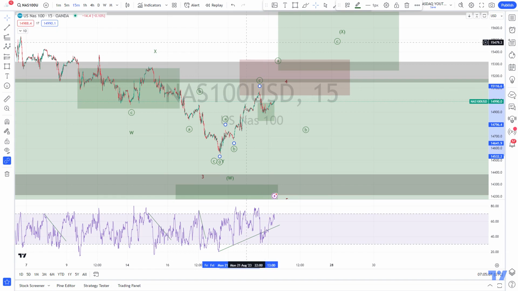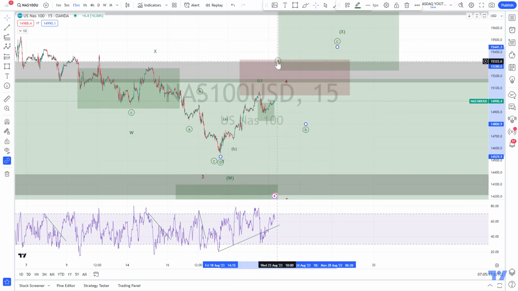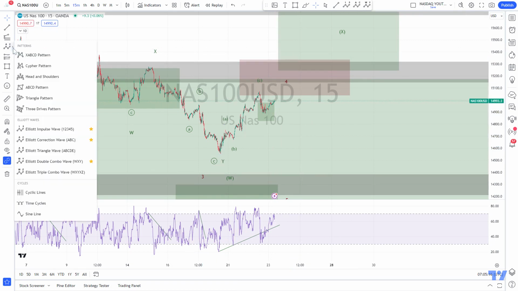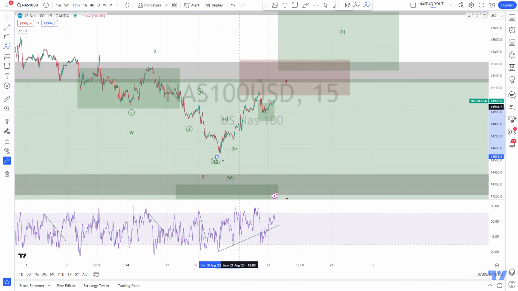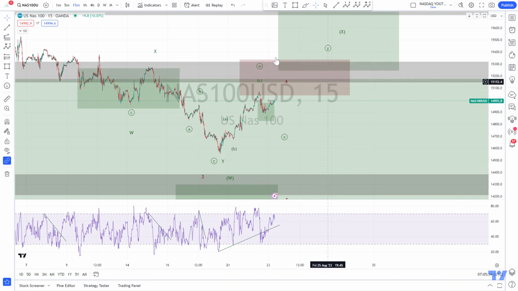So A, B, C, lower degree, and then here instead we also get a WXY, like wave W, wave X, and then wave Y, in the minute degree, like this here.